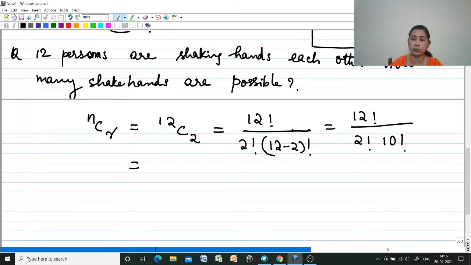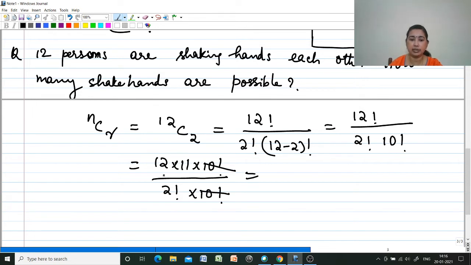And what is 12 factorial? It is 12 into 11 into 10 factorial divided by 2 factorial into 10 factorial, and this 10 factorial gets cancelled. We get 12 into 11 divided by 2, which is equal to 66. So 12C2 is equal to 66.